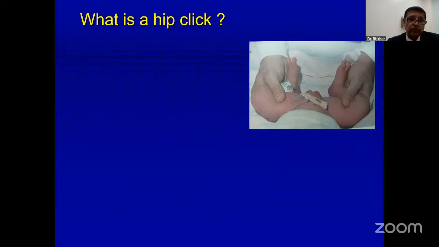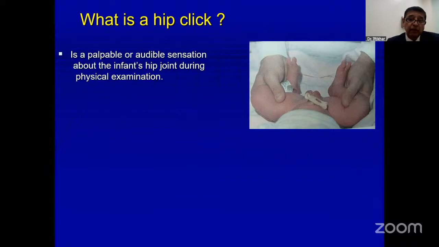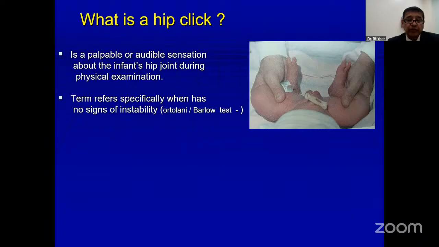So we come across quite often a terminology like hip click. What is a hip click? It's actually a palpable and audible sensation about the infant's hip joint during physical examination. You may not hear it, but you can have the sensation, especially the person who is doing the examination.